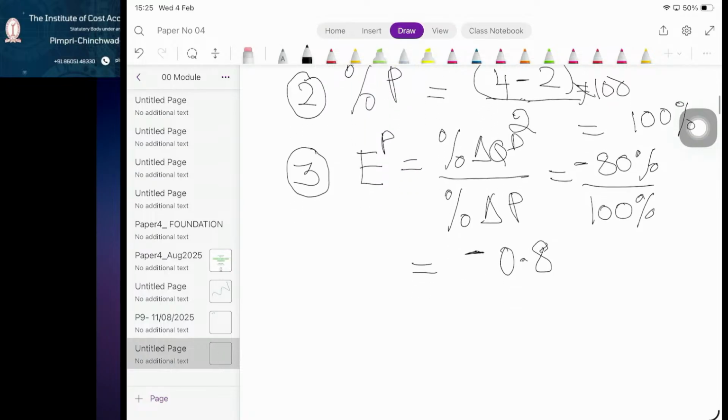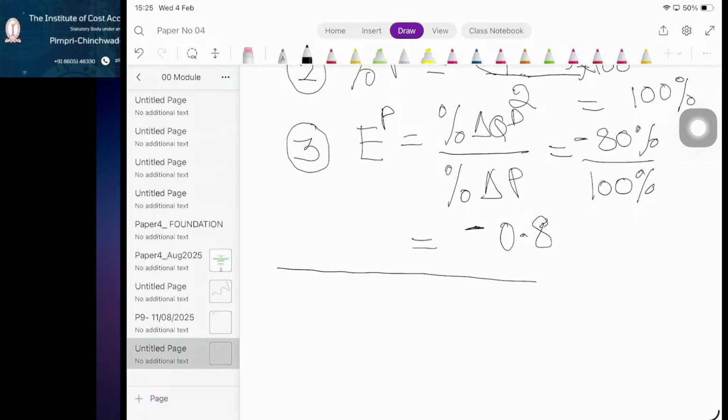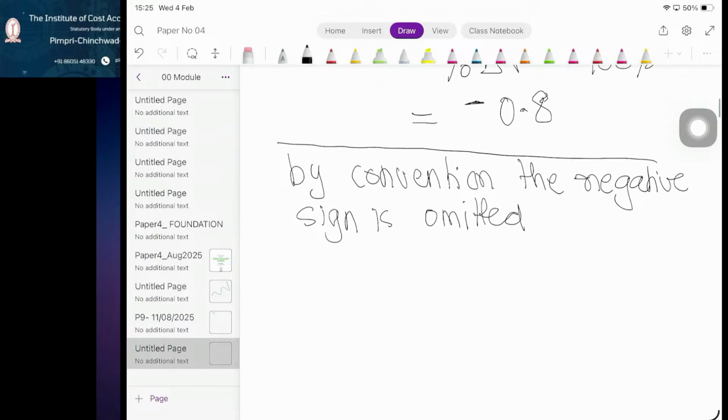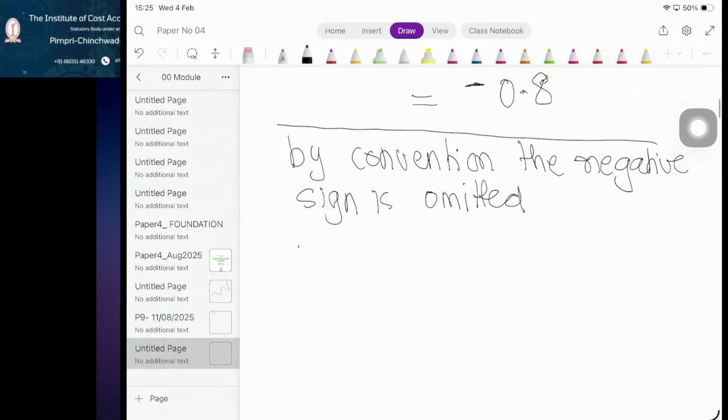Okay, so generally just remember, by convention, the negative sign is sometimes omitted, and we say price elasticity is equal to 0.8.